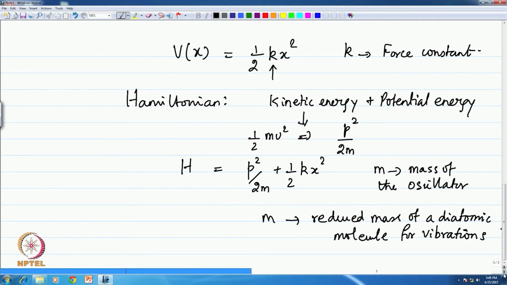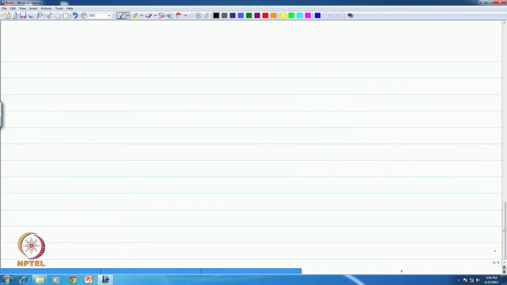Also, please remember the harmonic oscillator is associated with a frequency nu or an angular frequency omega, which is 2 pi times nu. This is the angular frequency in radians per second.